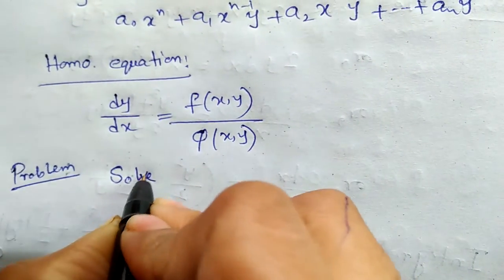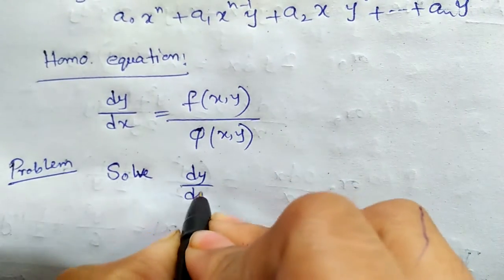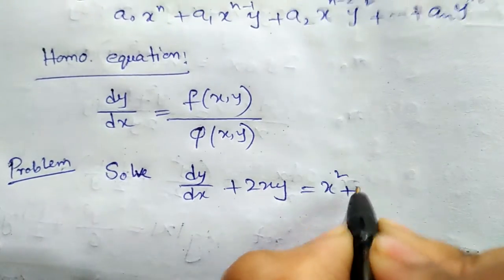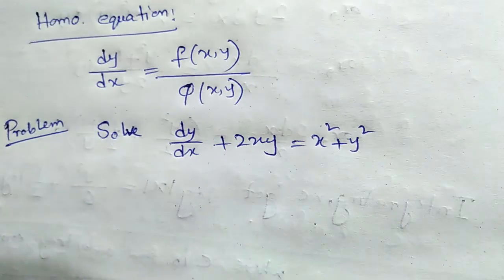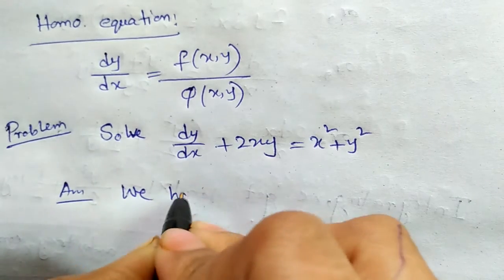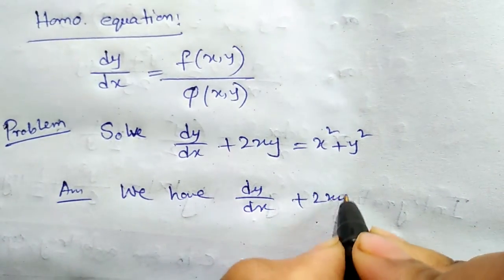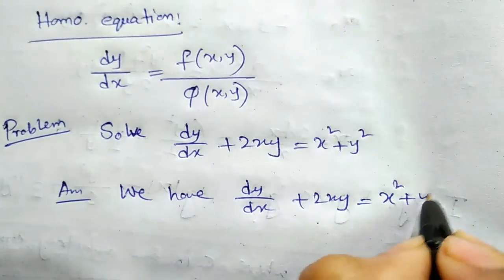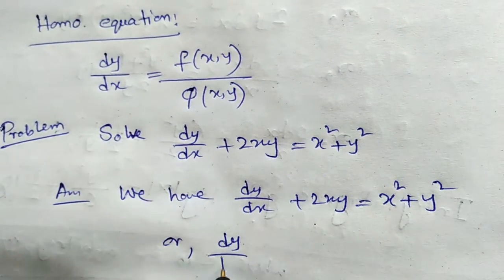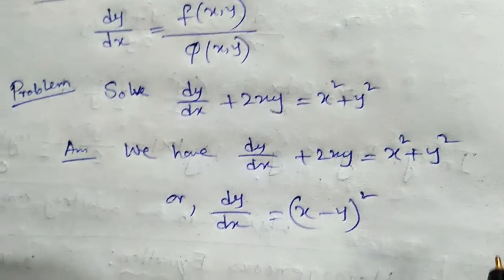So coming to a problem, say solve the ODE dy/dx plus 2xy equal to x square plus y square. In this case, we can write it as dy/dx equal to (x minus y) whole square.